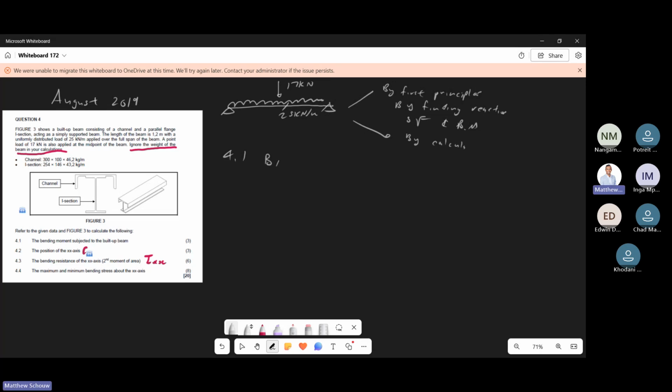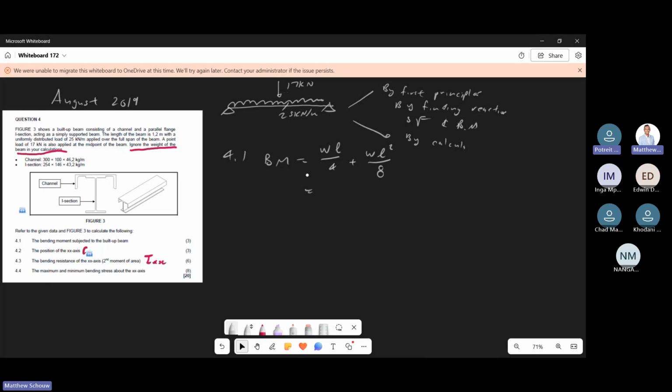So can someone remind me what is the formula for a point load at the middle of the beam and a UDL to find the bending moment? So that's WL over 4 plus WL squared over 8. Exactly. Again, these are only for when the load is in the middle and the UDL is across the whole beam. You cannot do it if the UDL is over half of the beam or the load is displaced away from the center of the beam. I want to make you aware of that.